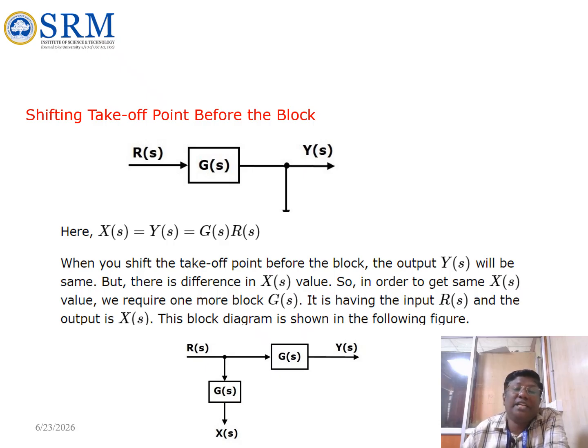When you are shifting the takeoff point before the block, the output Y(s) will be the same, but there is a difference in the X(s) value. So in order to get the X(s) value, we have taken one more block as G(s). We need one more block, from here to here, the previous one. Now we are moving to before the block, so before the block, we need a G(s) block to compensate for this.